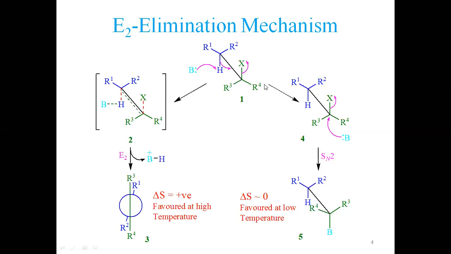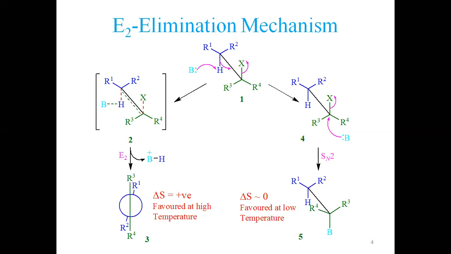When we carry out this reaction, if we increase or decrease the concentration of base, it affects the reaction rate. And when we increase or decrease the concentration of substrate, it also affects the reaction rate. If we double this, the reaction rate doubles.